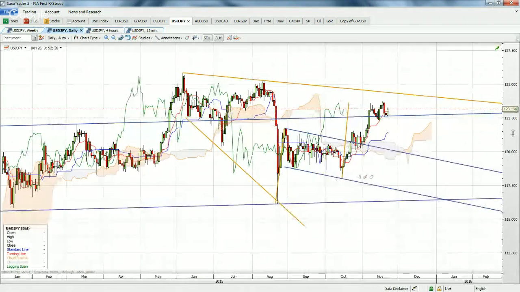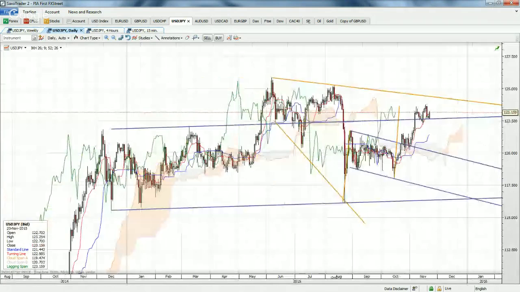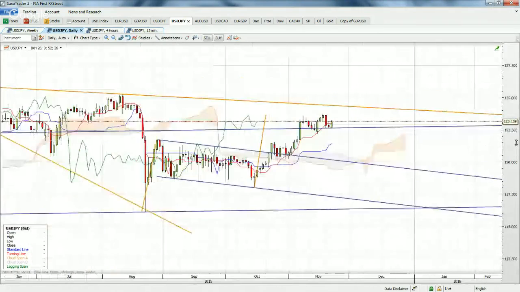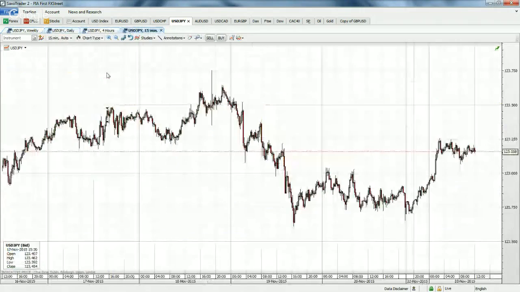Overnight, we've just bounced off this reverse channel support. So again, it was resistance. It then became support. But I think this move to the upside is still corrective, and this is basically the reason why. Get down to the 30-minute chart.